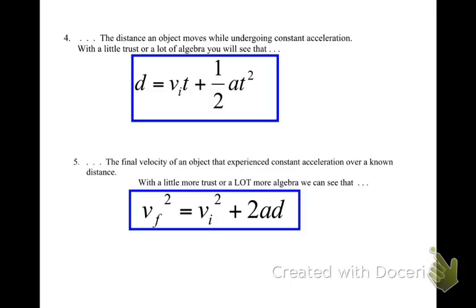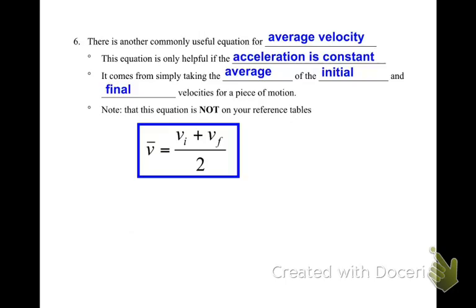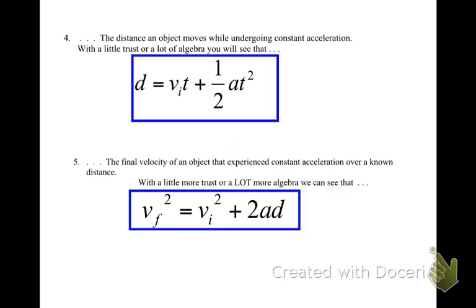And then last but not least, to get this final equation, there's a lot more algebra, a little more trust, but a lot more algebra, and we can solve for the final velocity of an object that experienced a constant acceleration over a known distance. So our variables that we would use here would be our final velocity, our initial velocity, and our acceleration and distance or displacement.